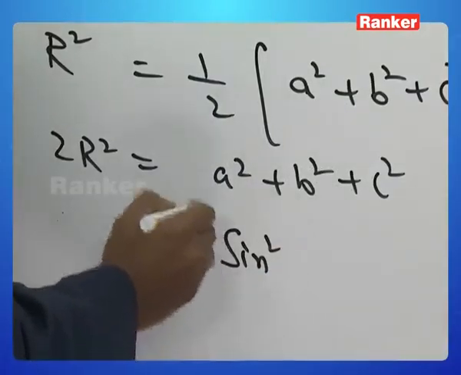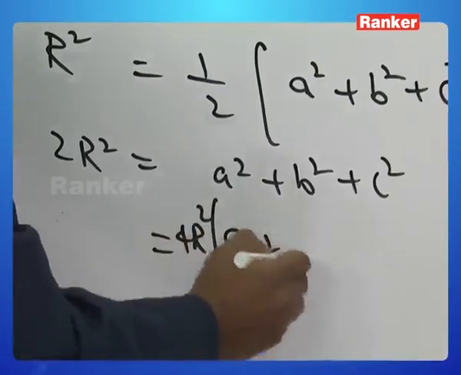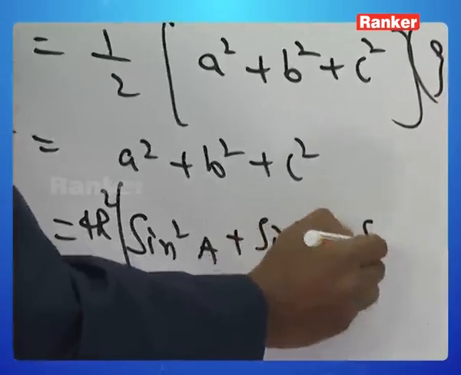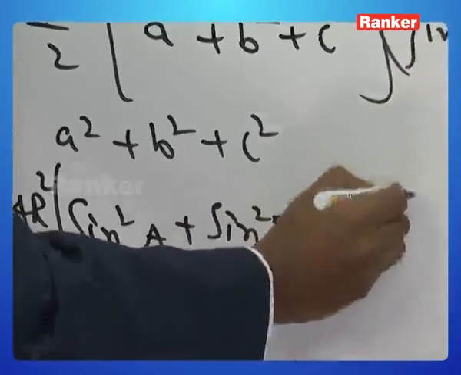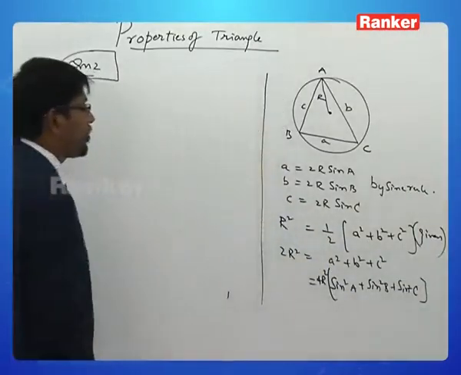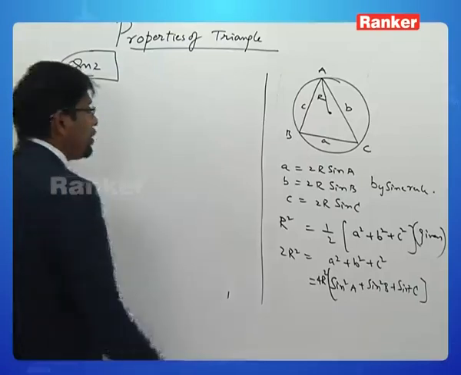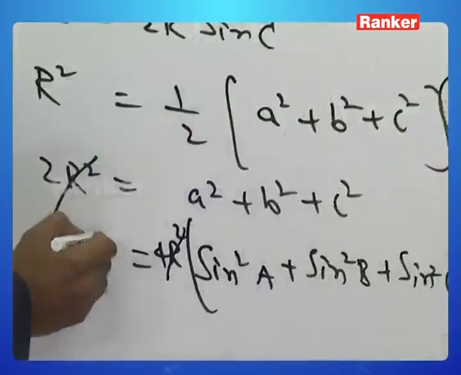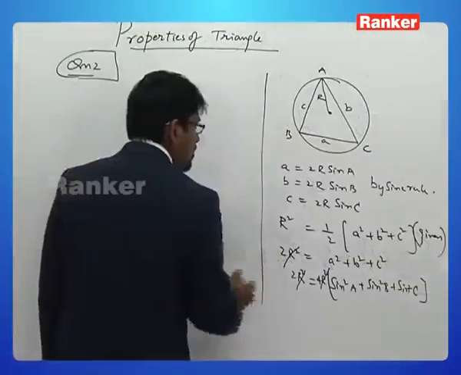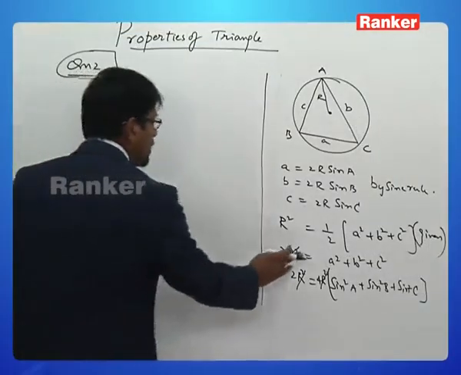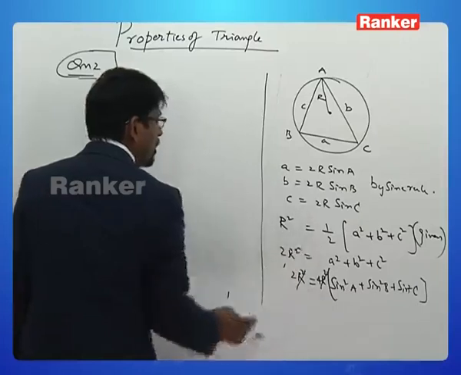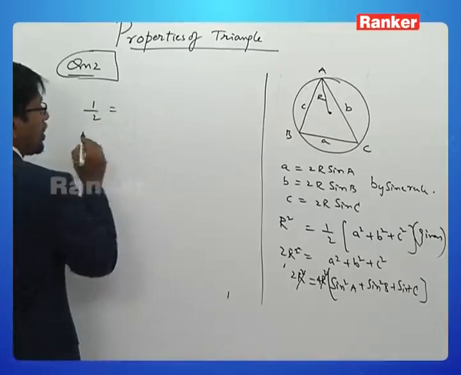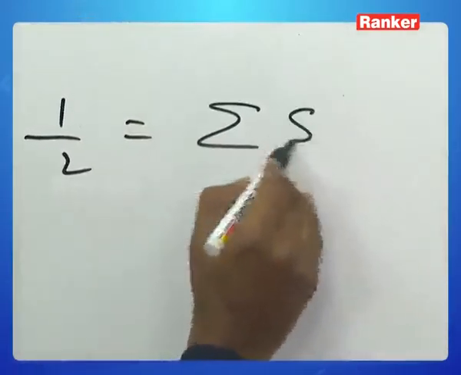It is 4R square into sin square A plus sin square B plus sin square C. Here this R square can be cancelled. So what do we have here? 1 by 2 is equal to sigma sin square A.